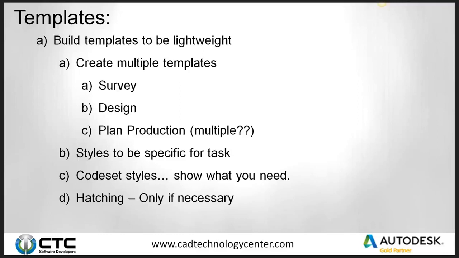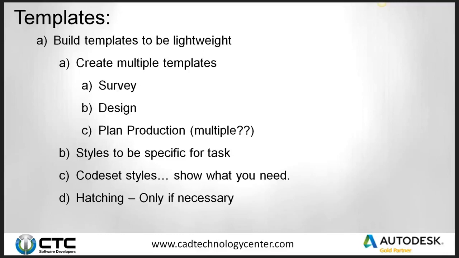Maybe. Play with your code set styles. Have your civil objects, your cross sections, your corridor, your assemblies, have those only show what's required for your project. Turn off things that aren't necessary. The more you turn off, the faster your job is going to process.